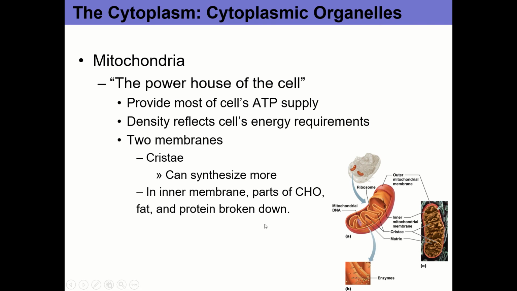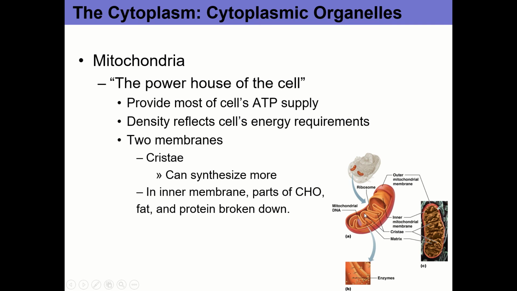So the other thing I have on there is inside of this inner membrane is where we're going to break down parts of carbohydrate. So CHO, if you see that abbreviation on any of my slides, I'm referring to carbohydrate. Fat is also CHO, but kind of in general, if somebody says CHO or includes CHO in writing, they're referring to carbohydrates.